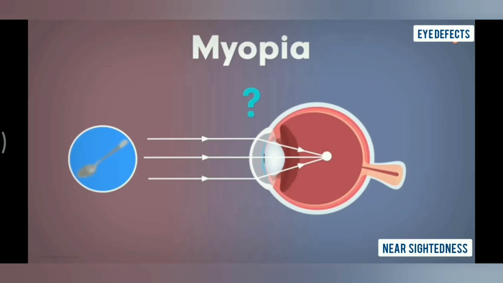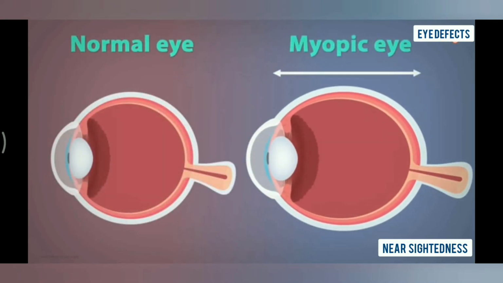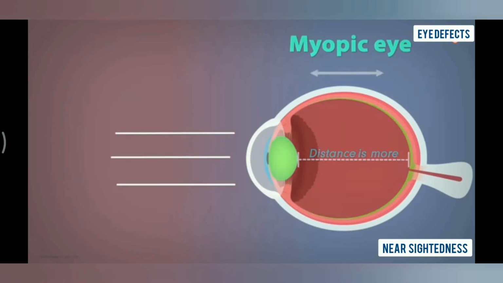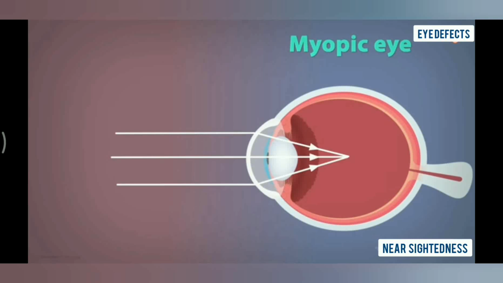This defect in the eye occurs when either first, the eyeball is longer than its normal size, that is, when the distance between the eye lens and the retina is more than the normal distance, or second, the focal length of the eye lens is smaller than its normal focal length. Thus, a person suffering from nearsightedness or myopia is unable to see the far off objects clearly.